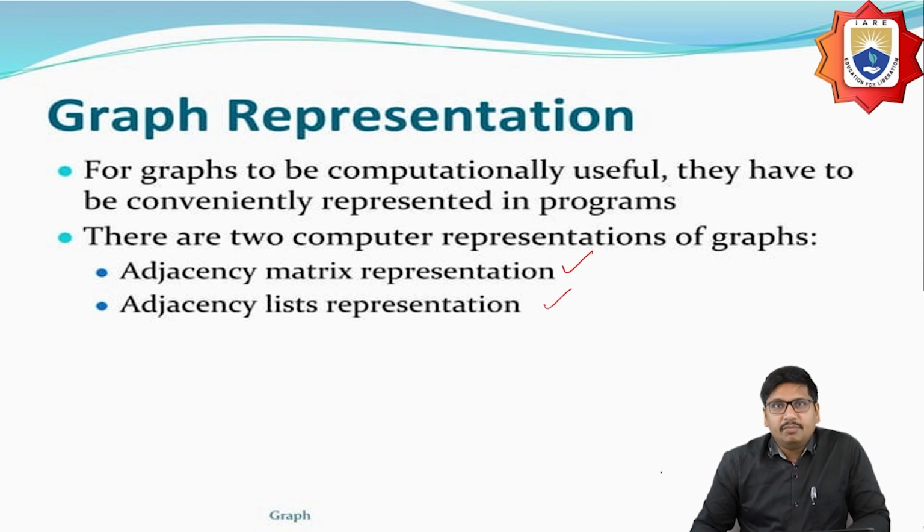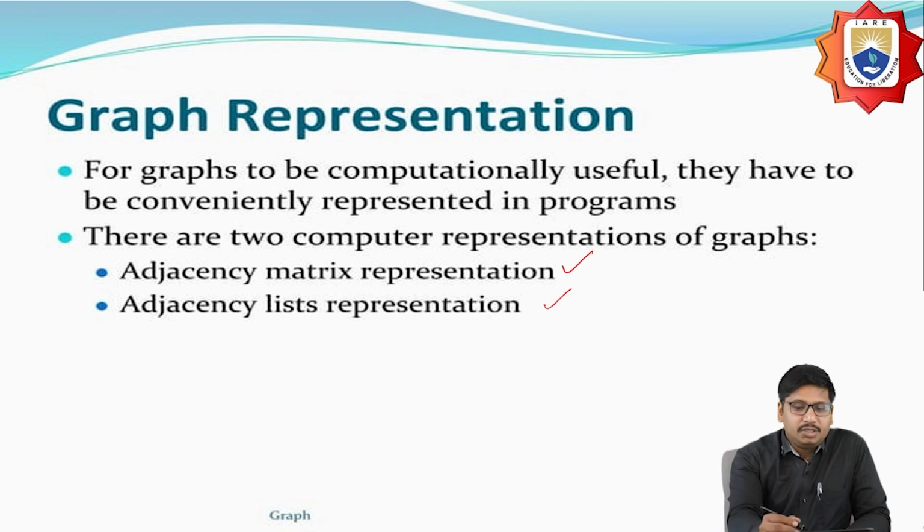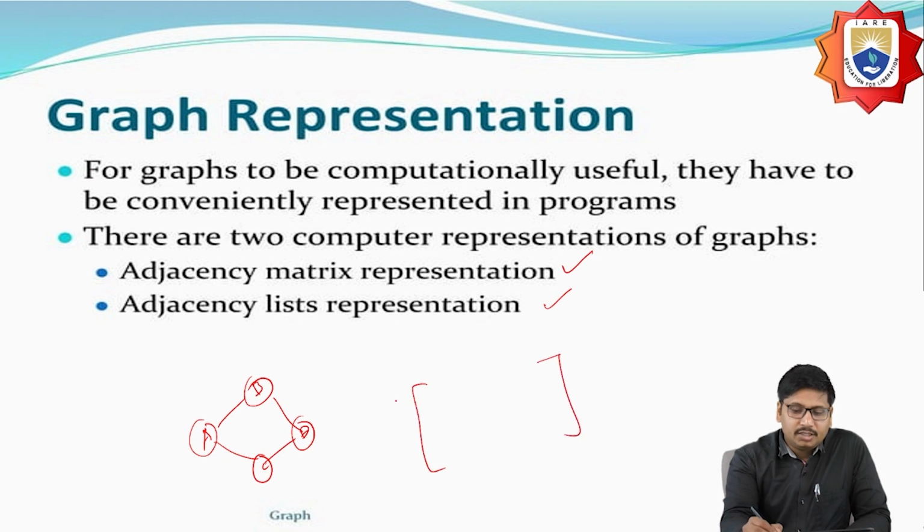If I have a graph like this, for the adjacency matrix I consider the vertices like this: A to B 1, A to C 1, A to D 0, B to A 1, B to C, and B to D 1, C to A, C to D, remaining zeros, and D to B, D to C, remaining all zeros.